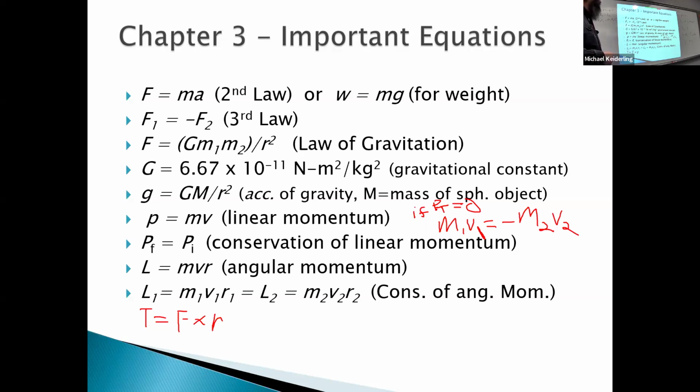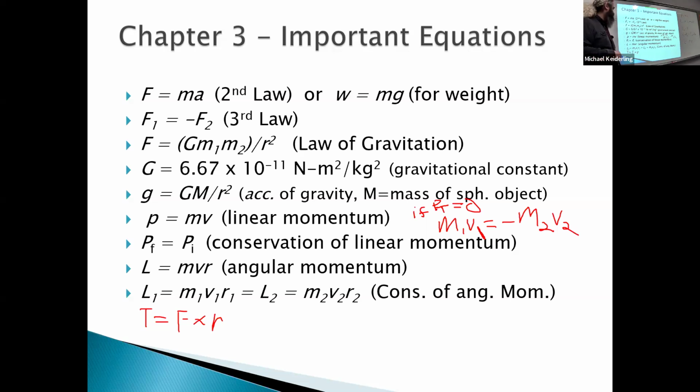If angular momentum is conserved, angular momentum 1 equals angular momentum 2. So mass 1 times velocity 1 times radius 1 equals mass 2 times velocity 2 times radius 2. Generally, the mass is constant, so mass 1 will equal mass 2. Your mass isn't changing, and that's conservation of angular momentum.